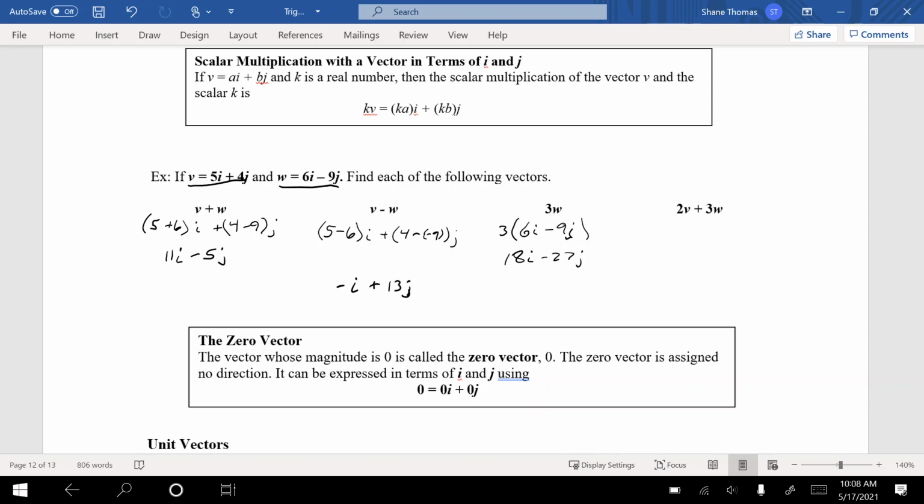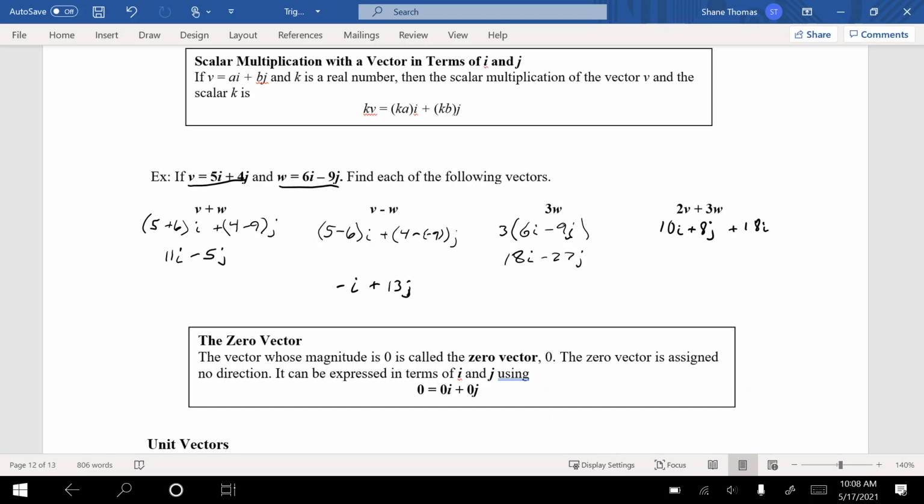Okay. Second one, 2V plus 3W. So what I'm going to do first, I'm going to multiply them. So 2V, I'm going to end up with 10I plus 8J. Okay. And then plus 3W, 3 times 6 is going to be 18.